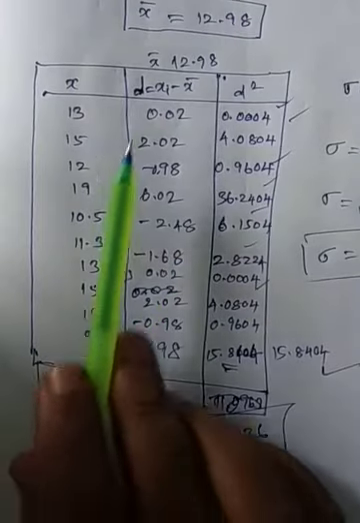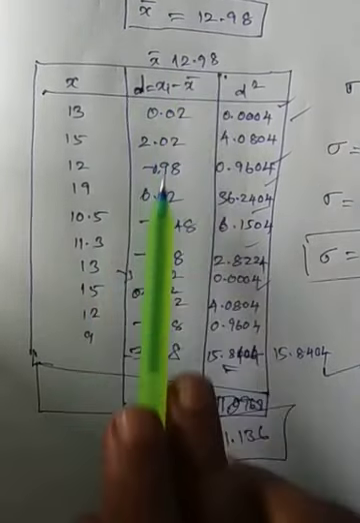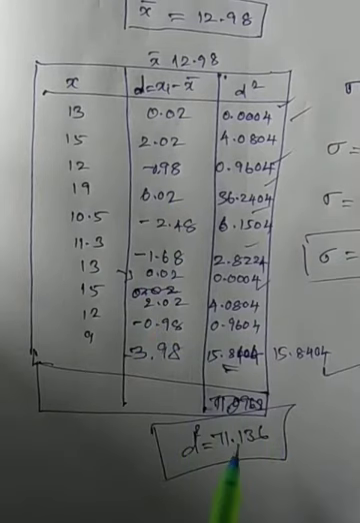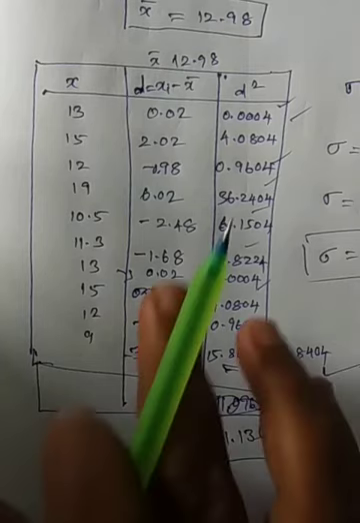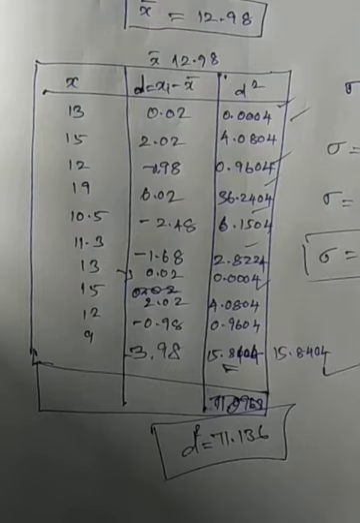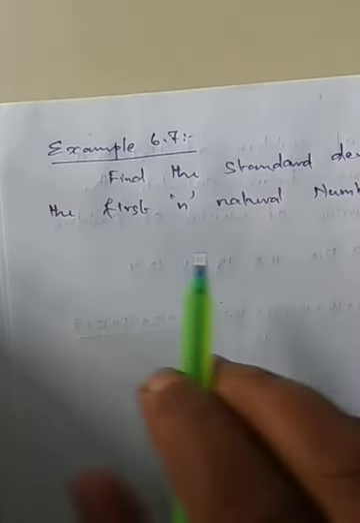Here also same thing, but here the mean is coming in decimal, so everything goes decimal. We find a little bit of difficulty doing this. To avoid this, we are not going to use the actual mean. We will go for the assumed mean method to avoid the decimal part. Now we will see this example 6.7.